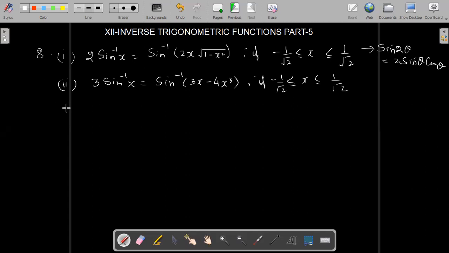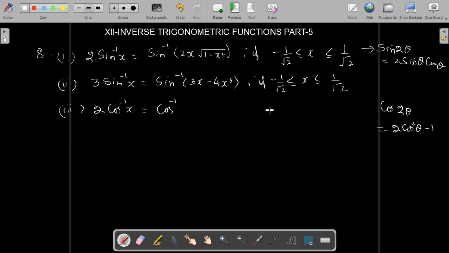Similarly, for cos theta, if 2 is outside, 2 cos inverse x can be written as cos inverse, because cos 2 theta is equal to 2 cos square theta minus 1. Cos 2 theta has 3 formulas: cos square theta minus sin square theta, 1 minus 2 sin square theta, and in terms of cos, 2 cos square theta minus 1.